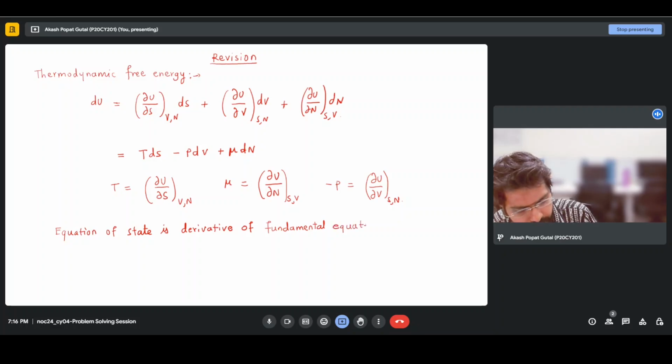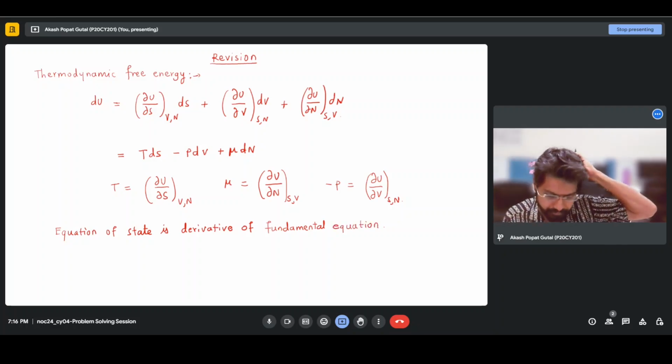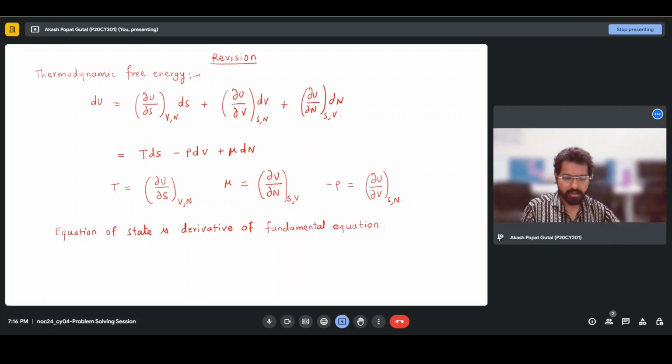So in thermodynamics, you have the equation of state, and it is the derivative form of the fundamental equation. The fundamental equation is the one that gives entire information about your thermodynamic system. And the equation of state is nothing but a derivative form of the fundamental equation.